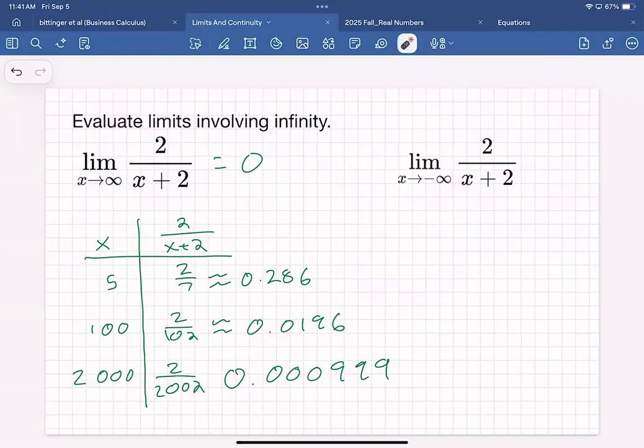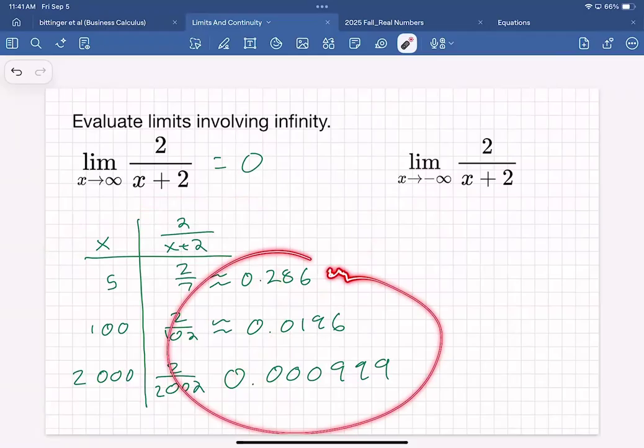Negative. Everyone agree with that? If I plug in negative 10,000, it's still going to be negative. What you'll find here is all of these will just have a negative sign on. There will be some slight differences, right? Because we're adding 2 to it, so then it's going to change a little bit. But all of those will have negative signs on it.